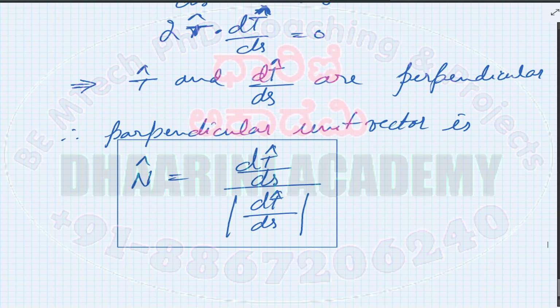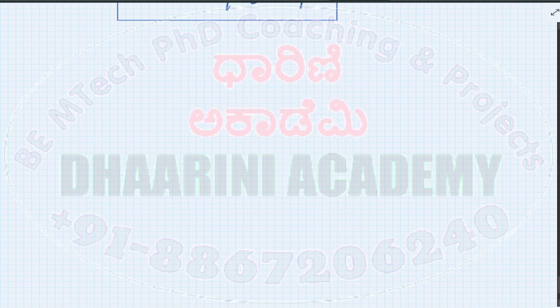So n cap is equal to dt by ds divided by the magnitude of dt by ds. This is called the principal vector normal. I had not given the name before, so now I'll write it: this particular component is called the principal vector normal. If it is useful, we might use this.